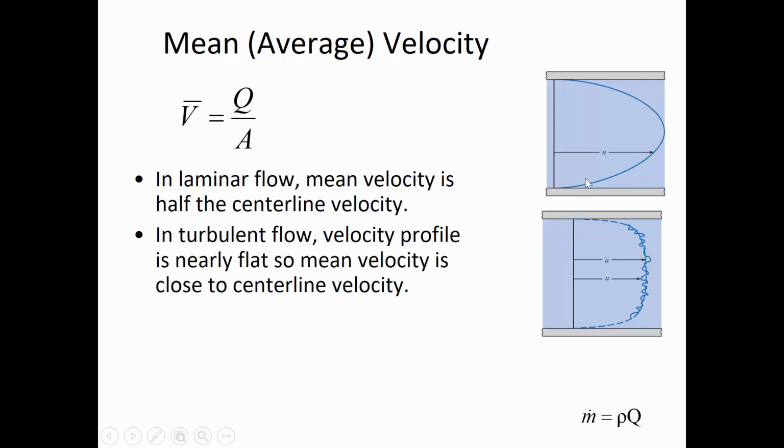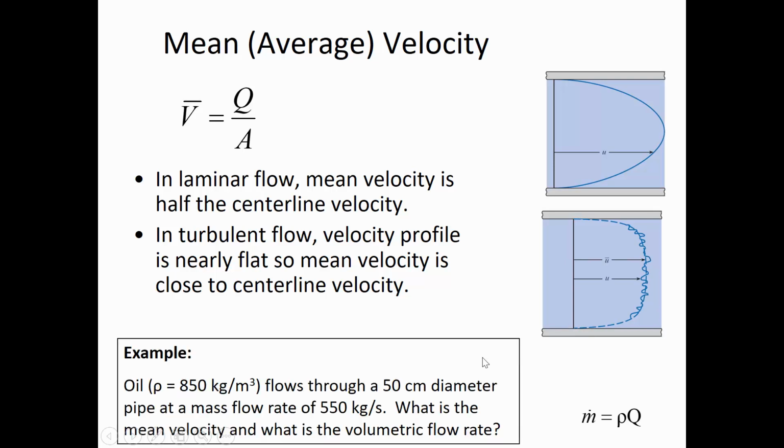In turbulent flow, we have a relatively even distribution without a lot of variation, and that's what we see here: the peak flattens out to where the maximum velocity and the average velocity are pretty close together. And of course, there still is a reduction in the velocity at the edges due to the no-slip condition.